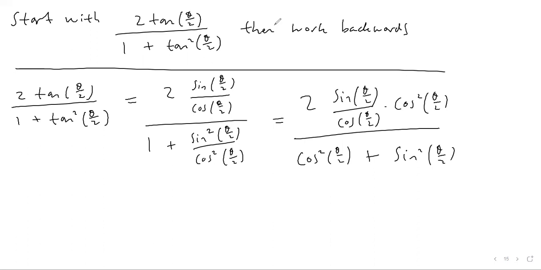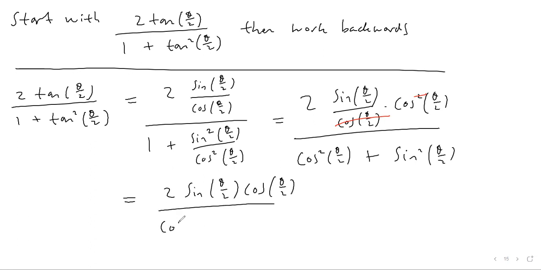Okay, so we get that. Now we can actually cancel out one of these cos theta over 2's on the top here. So this squared one can cancel out with that there. What we get then is two lots of sine theta over 2 times cos theta over 2, divided by cos squared theta over 2 plus sine squared theta over 2.